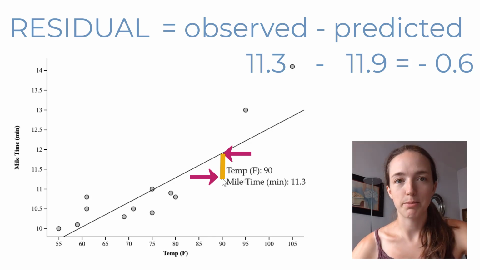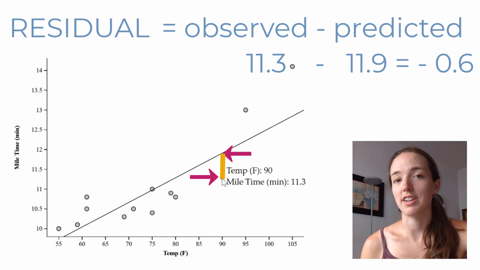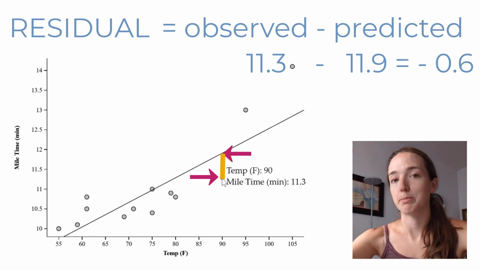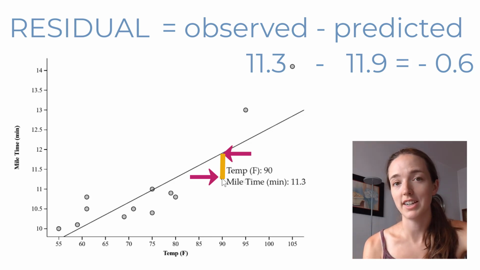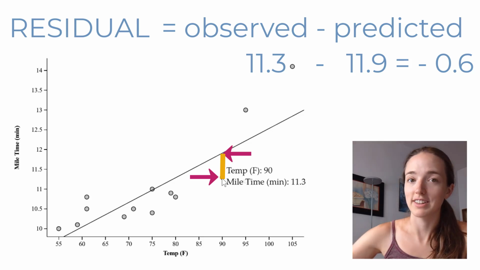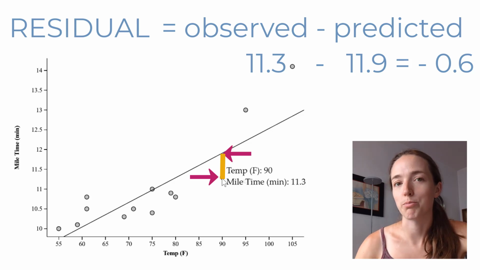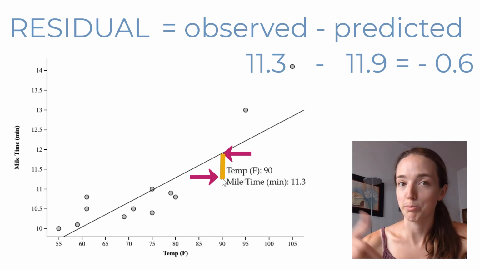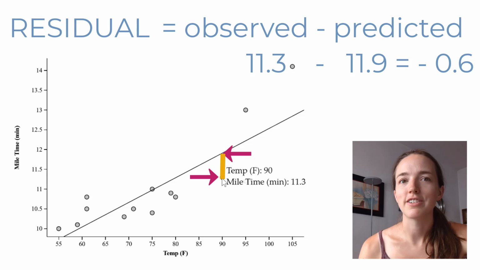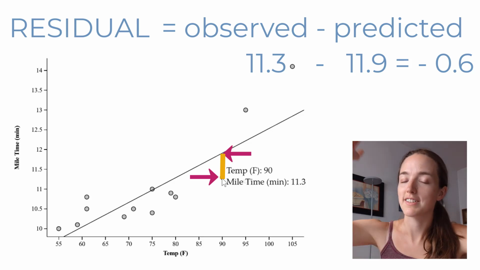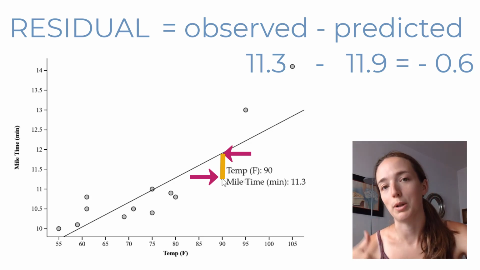The negative is really important. A negative residual tells us that our observed value is below the least squares regression line, and a positive residual tells us that our data point is above the least squares regression line. Remember with z-scores when I said positive and negative was important because it told us what was above and what was below the mean? It's the same idea here. The positive residual means the point is above the line, negative residual below the line.